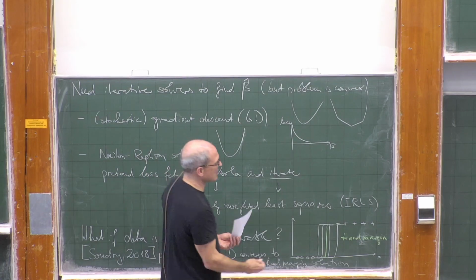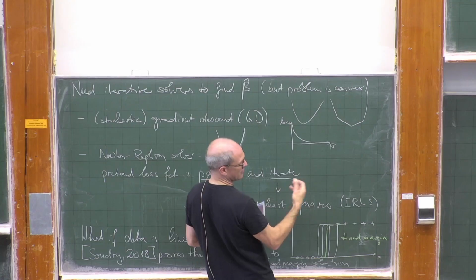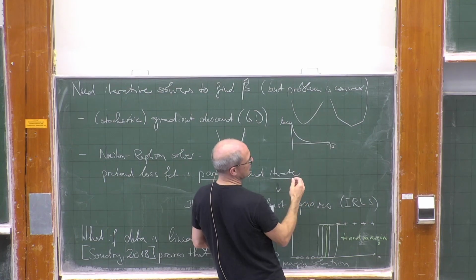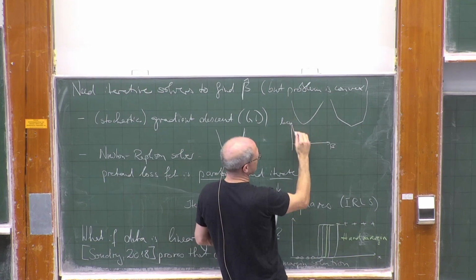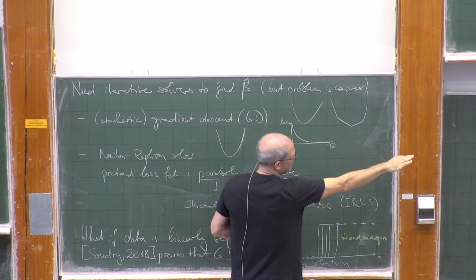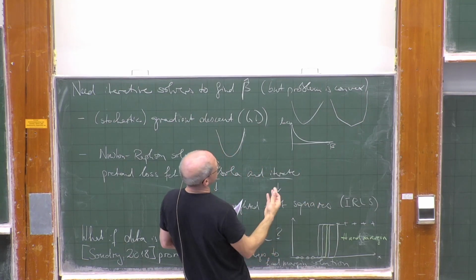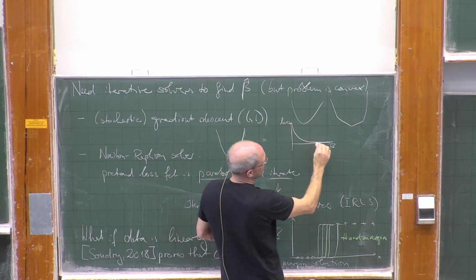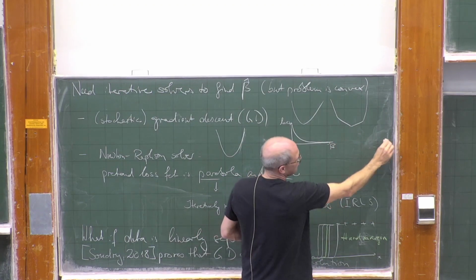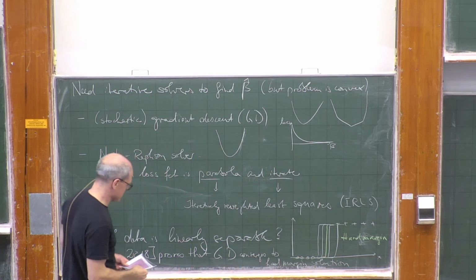And it becomes a perfect step function only in the limit of infinitely large coefficients in your parameter vector beta. So the loss keeps going down forever, but it doesn't go up on the other side. It is convex, but if you let it run forever, it will run forever. It will go further and further out in your solution.